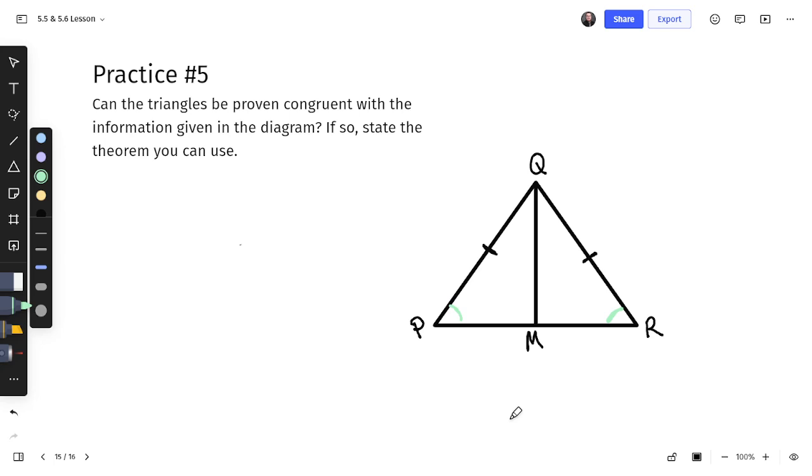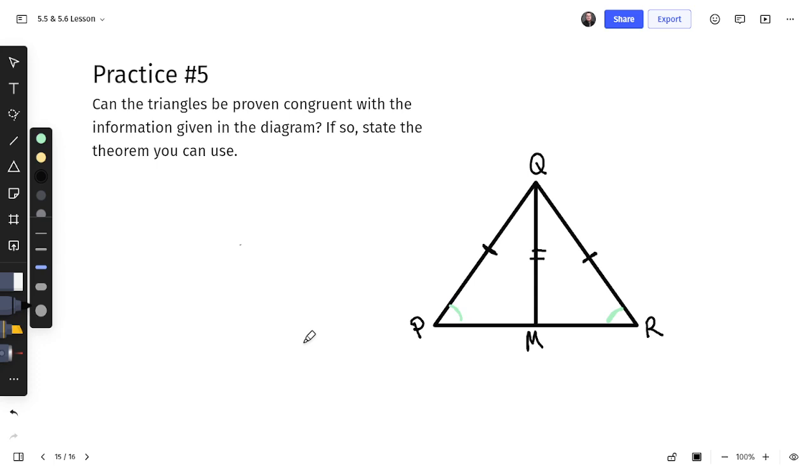We also know that this segment in the middle, because of the reflexive property, is always going to be congruent to itself. So we know that QM is always going to be congruent to itself, QM. And that is all of the information we can glean from this problem.